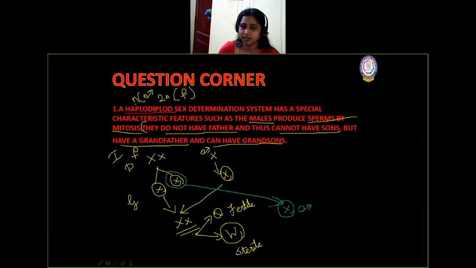So this is generation 1 we are talking about. Now this male honeybee in generation 2, I'll use the same color. In generation 2, when it intercrosses with a female, it's a diploid female.